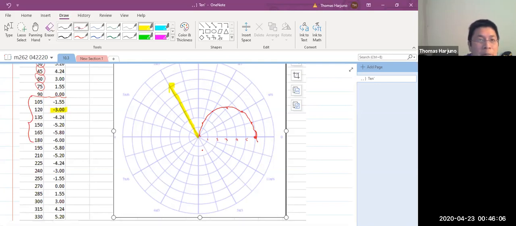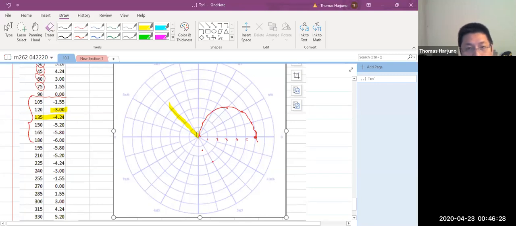You see that? Which means I need to shoot backward 3 units. For 135 degrees, I need to shoot back how far? Negative 4.24. So in this direction, 1, 2, 3, 4.25 approximately.